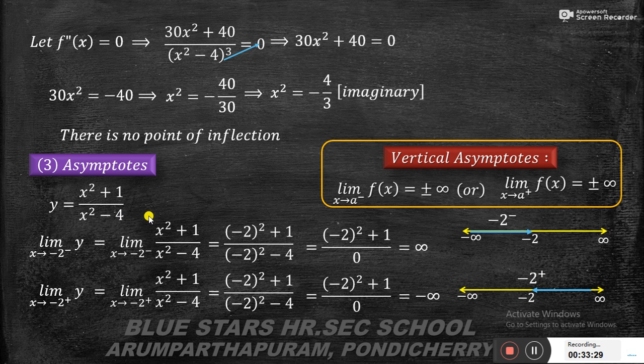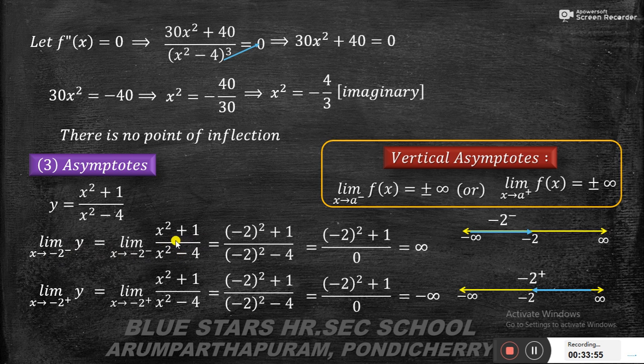to plus or minus 2. So I take the limit x tends to plus 2 and x tends to minus 2. First I consider x tends to minus 2 minus, which represents the left limit. So limit x tends to minus 2 minus of f of x equals limit x tends to minus 2 of x square plus 1 by x square minus 4.